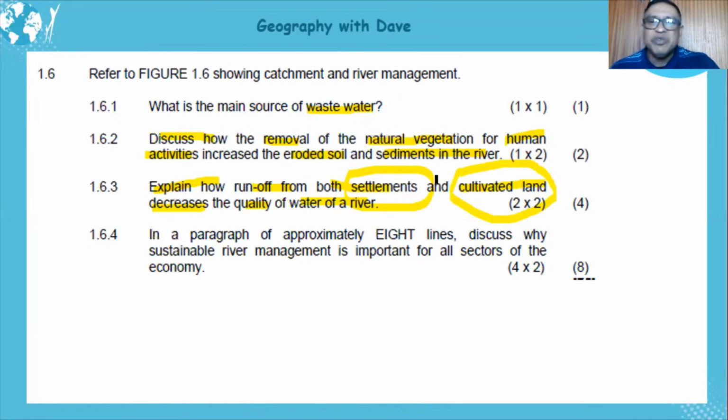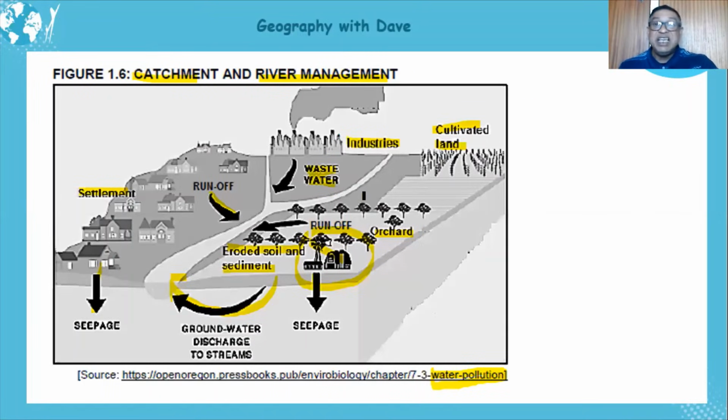I go back to my sketch and check, is there different labeling? Yes, there are industries there, but there is the word settlement and cultivated land. The specific reference in a sketch. I know settlements can include everything, but we need to put it into the context of the resource that you have.